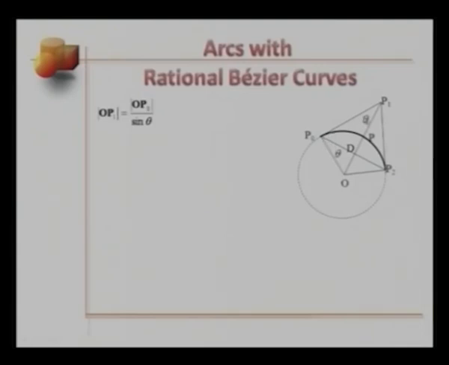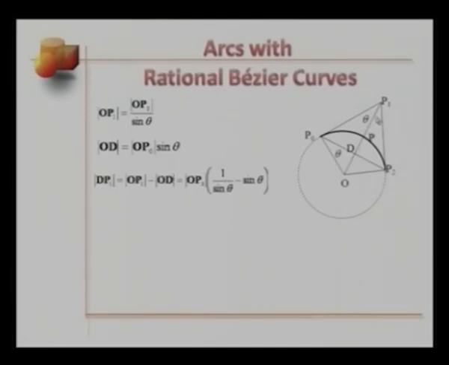Notice that P0, P1 is a tangent to the circle, and so this angle is 90 degrees. Now OD, right here, is OP0 sin theta. Quite straightforward.